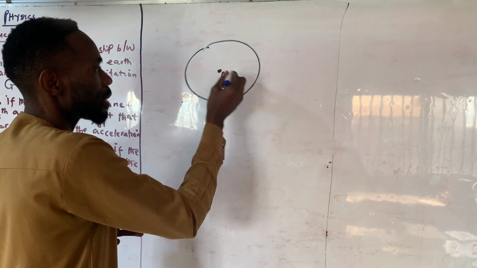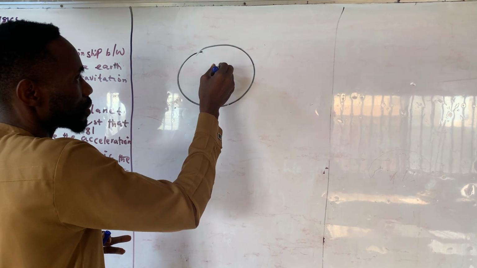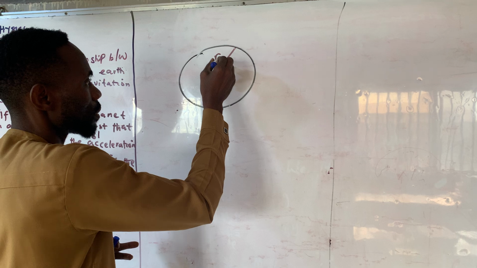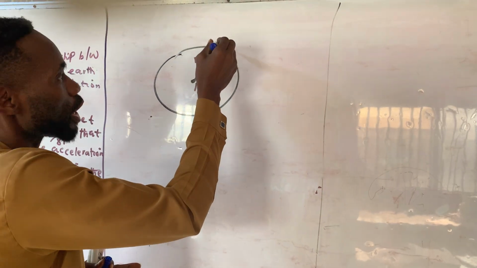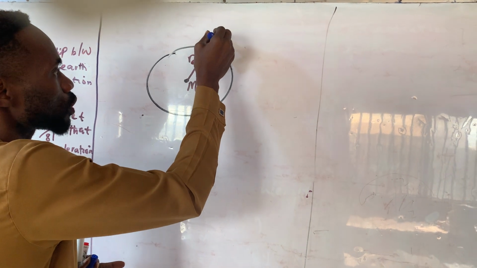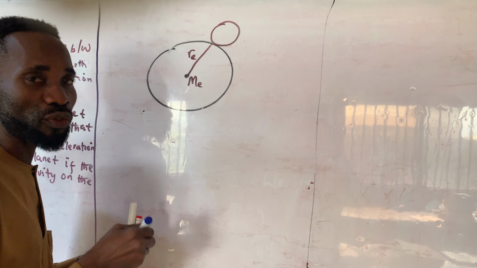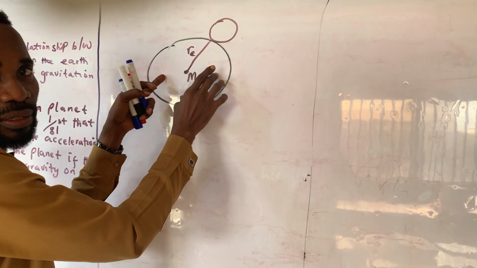The distance from the center to the circumference connotes the radius of the Earth. And here we have a body of mass on the surface of the Earth.